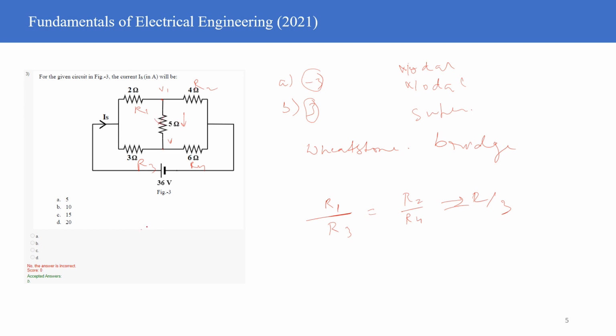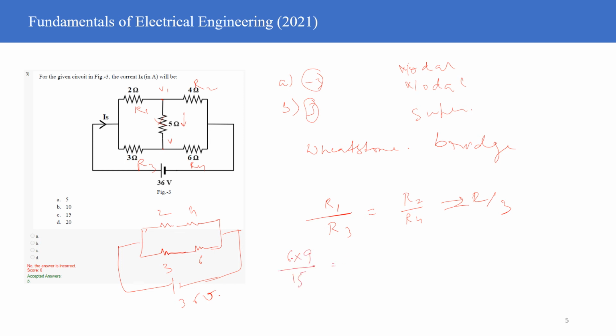So you will have a very simple circuit like this: 2 ohm, 4 ohm, 3 ohm, 6 ohm, connected to 36 volts. So 4 plus 2 is 6, and 6 plus 3 is 9. So you have 6 ohm and 9 ohm in parallel.